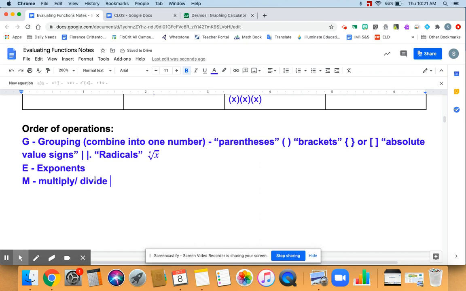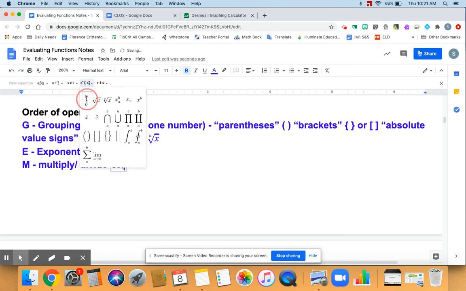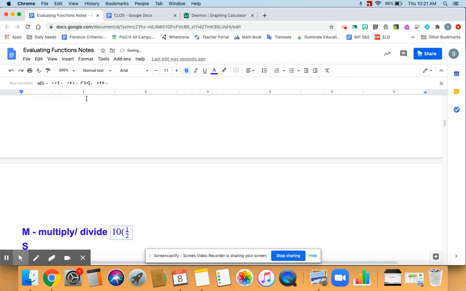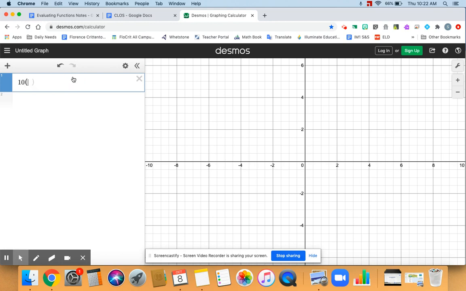Multiplying and dividing are the same thing. There is a skill building video to convince you of that if you don't believe me. But the best way to think about it is that if I were to take 10 and multiply it to the fraction 1/2, here I'll show you in Desmos what happens. 10 times the fraction 1/2 equals 5.